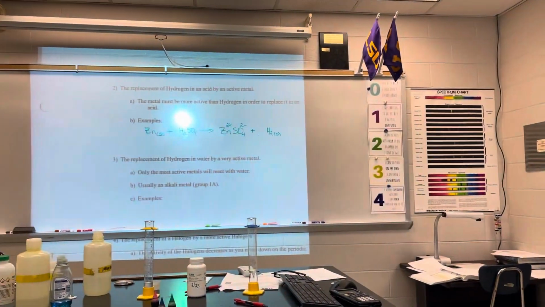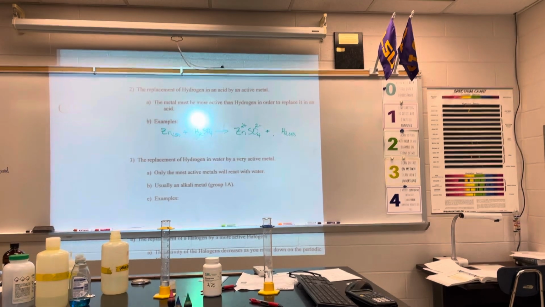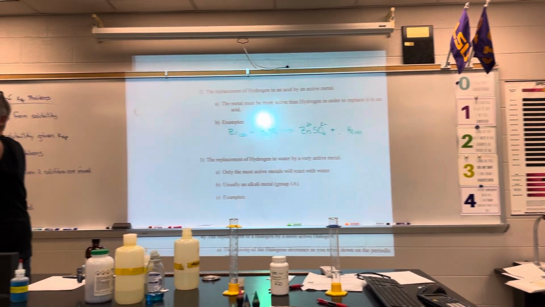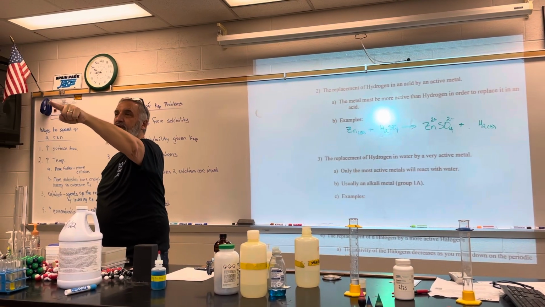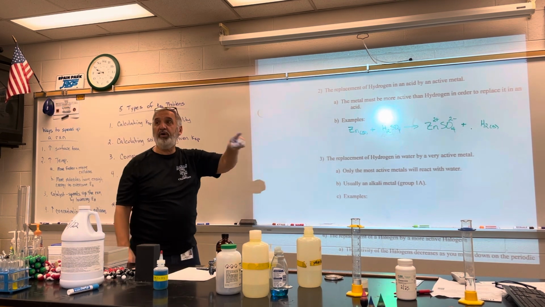So zinc sulfate. Using that, everybody look. You find sulfate, it's right in the middle of the first column. Most cations are soluble. The only sulfates that are not soluble are barium, strontium, lead, silver, and calcium. Is zinc one of those 5?